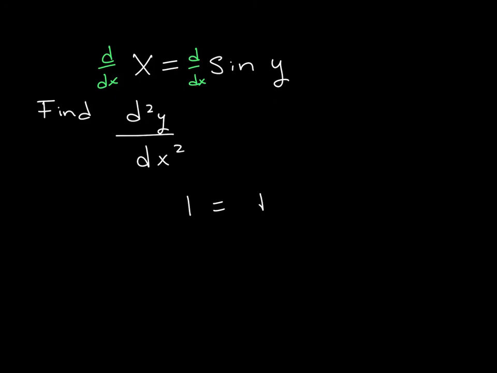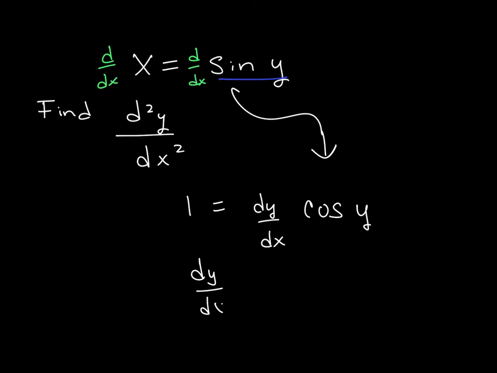I need to write down that this is the derivative of y with respect to x. Then the derivative of the sine of y comes down and is just the cosine of y.